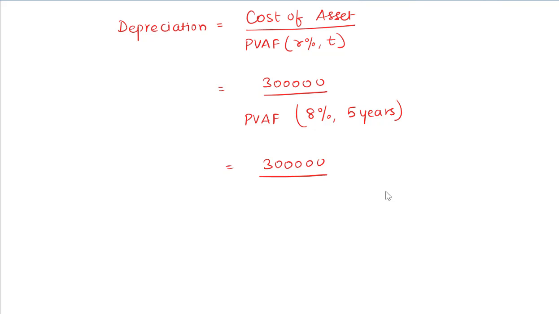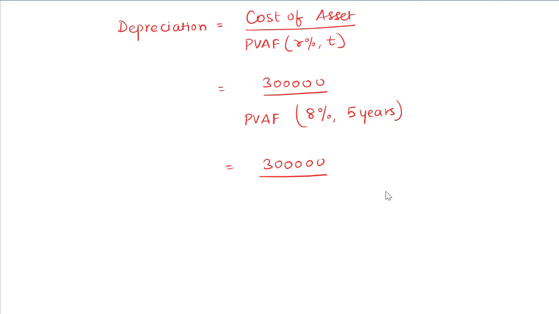So this is the first year, 0.925. Now for the second year press into equal to. We have to go for 5 years. Now press equal to for the third year, equal to for the fourth year, equal to for the fifth year.